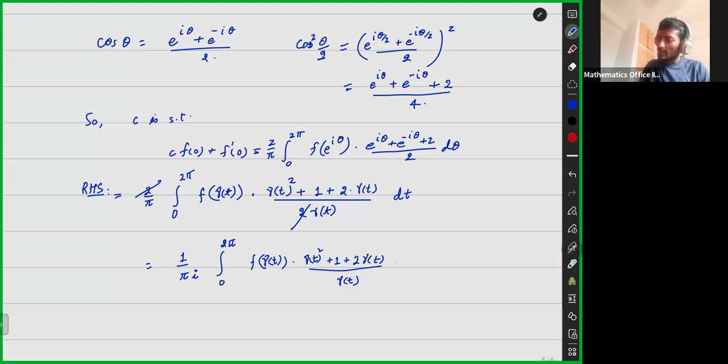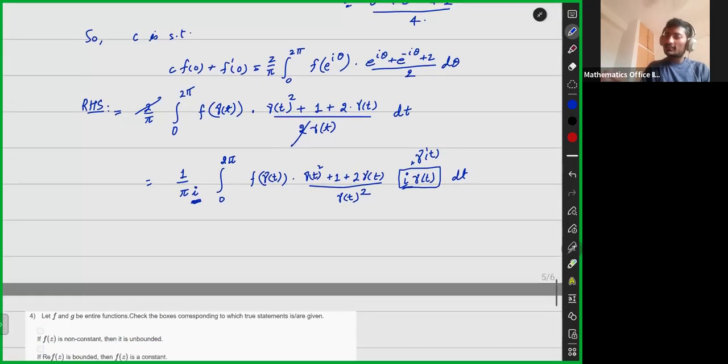Now I'm going to multiply by i e power i t, which means gamma t, once again here. So i is already multiplied here. So this is done. Now gamma t in the denominator we have to square it, so that now this is gamma prime, dt. Now everything is almost done.